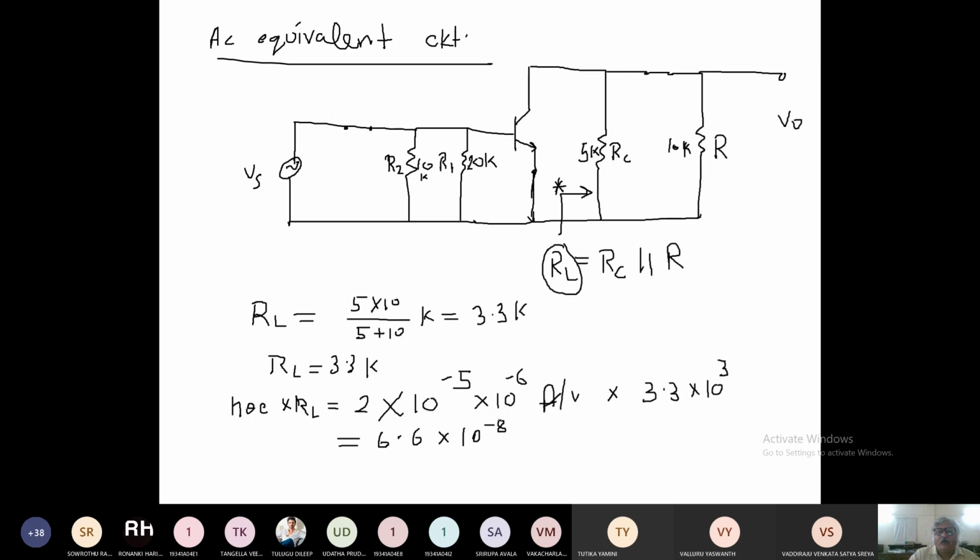This value is less than 0.1, right? Because it is 6.6 into 10 raised to the power minus 8, so definitely it will be less than 0.1. From here we conclude that HOE into RL is less than 0.1, right? Therefore we will go with approximate analysis.